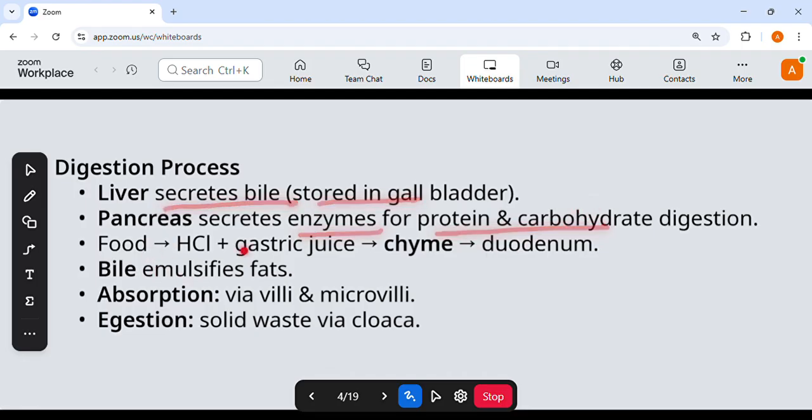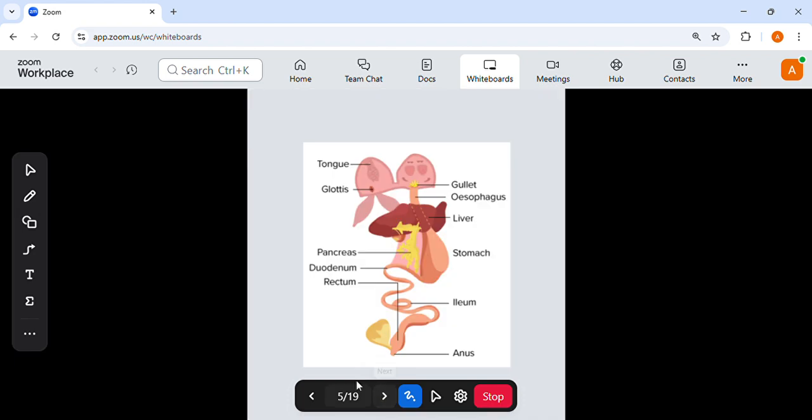Food mixes with HCl and gastric juices in the stomach, known as chyme, then moves to duodenum, ileum, rectum, cloaca, and then the cloacal aperture. The fats are emulsified with the help of bile, which is secreted by the liver and stored in the gallbladder. Absorption: the nutrients are absorbed in the intestine via villi and microvilli. The undigested food passes through the cloaca and gets ejected out.